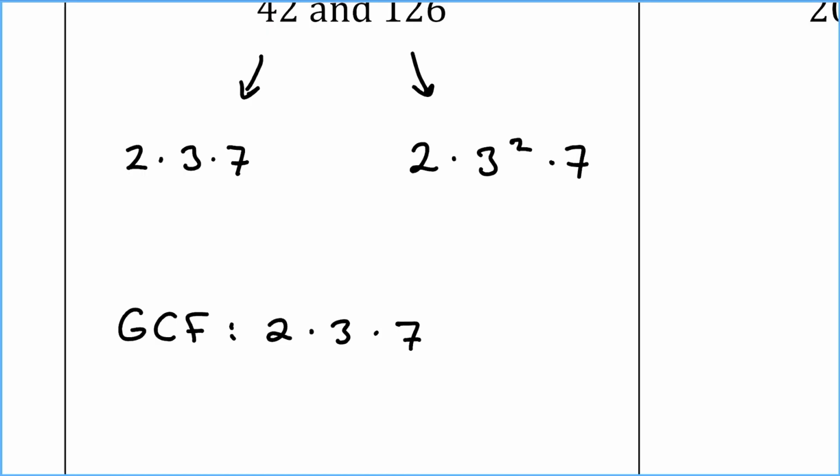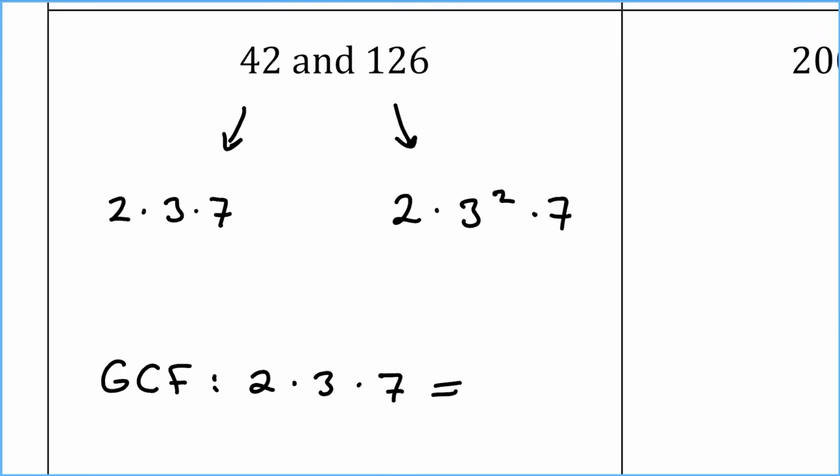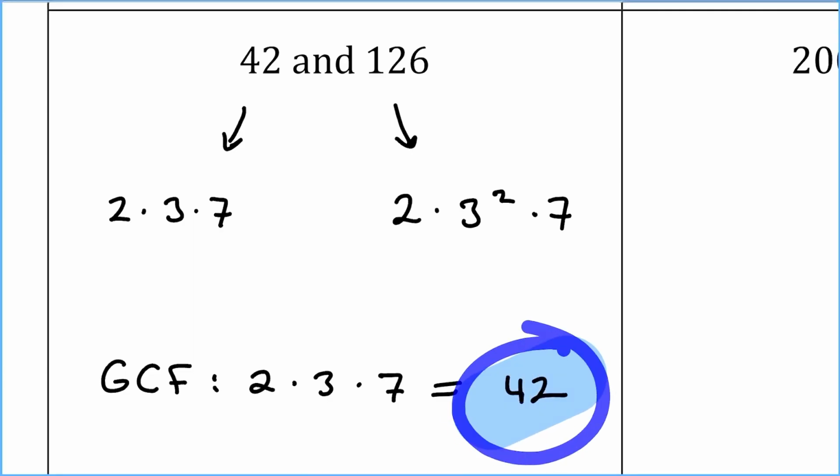So we're just going to leave it like that. 2 times 3 times 7 is 6 times 7, which is 42. Oh, does 42 go into 126? Yeah. Sometimes the greatest common factor will be one of the numbers themselves. That is possible. And that is because 42 goes into 126.